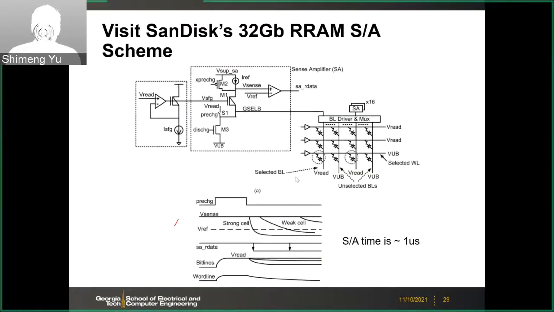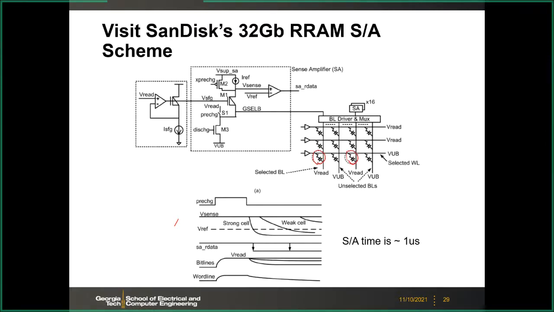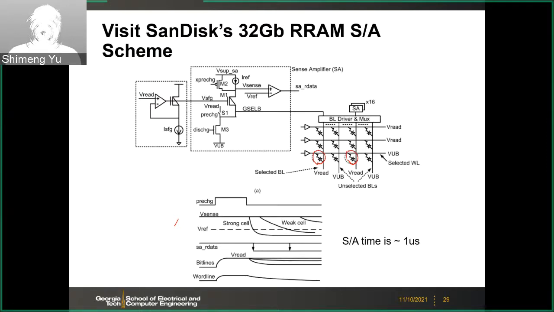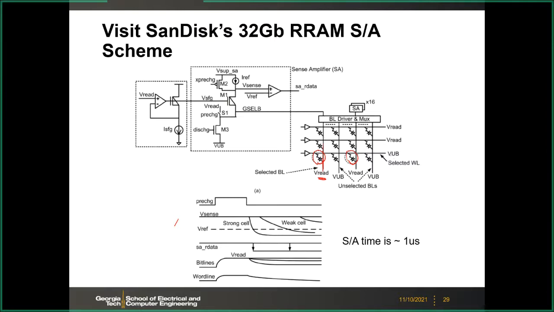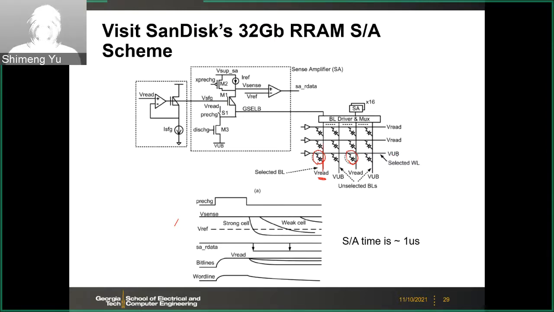So let's look at the exact sensing scheme for this cross-point array. So here, this is a cross-point array, and we have those selected cells. So in this case, this is like voltage sensing. So we are going to pre-charge the selected bit line to be the V read. And then selected word line, you will make a low voltage, and this VUB could be 0. You can think this is like low voltage.